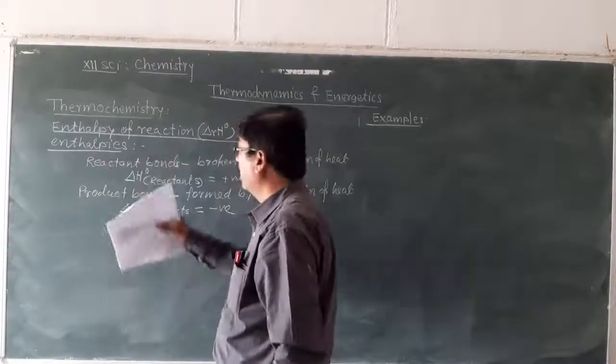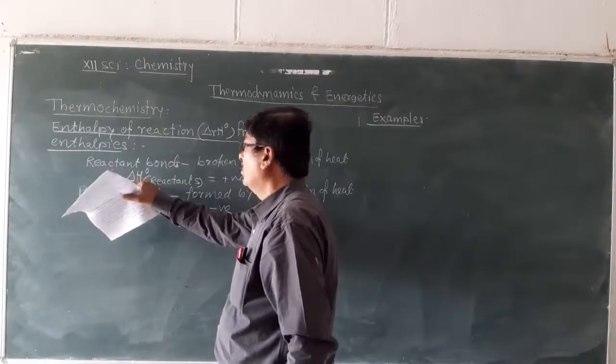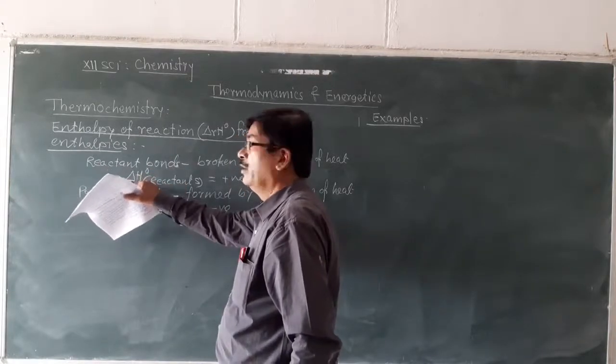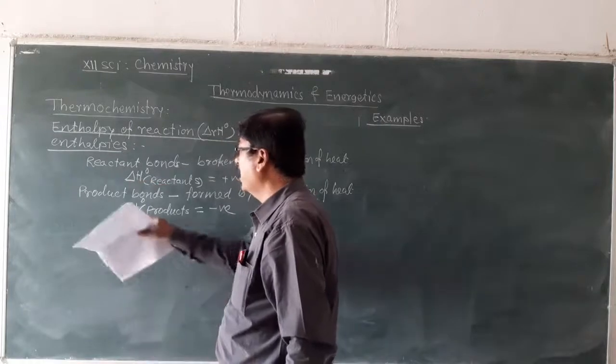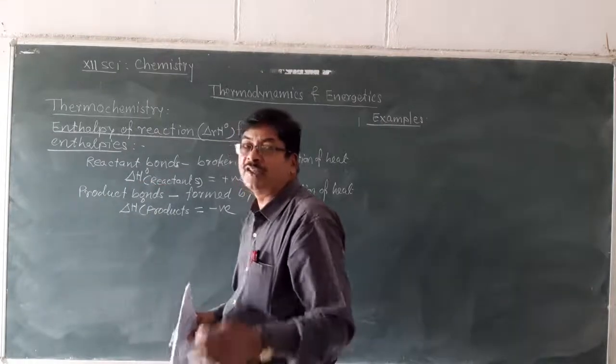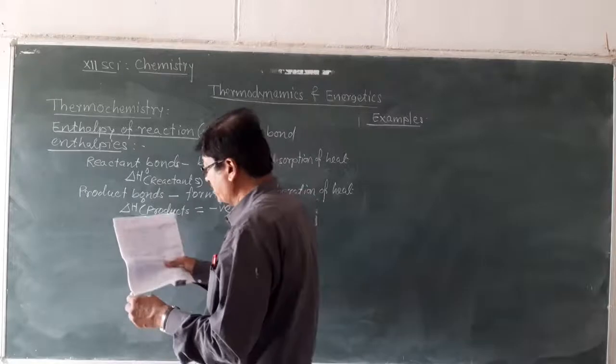By keeping these two points in mind, you can write the formula. Now the algebraic sum of bond enthalpies of reactants and bond enthalpies of products is nothing but enthalpy of reaction.